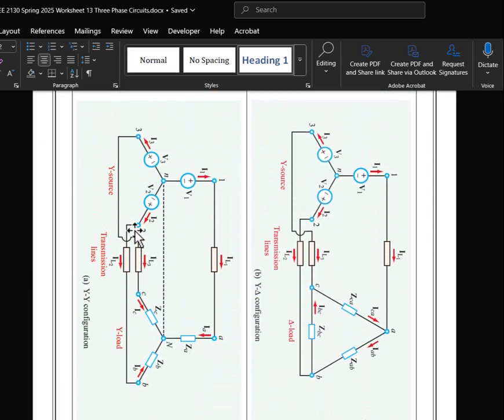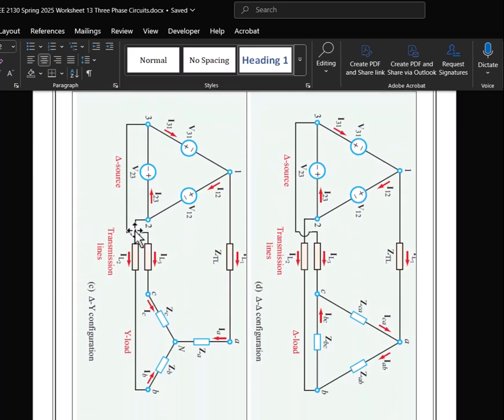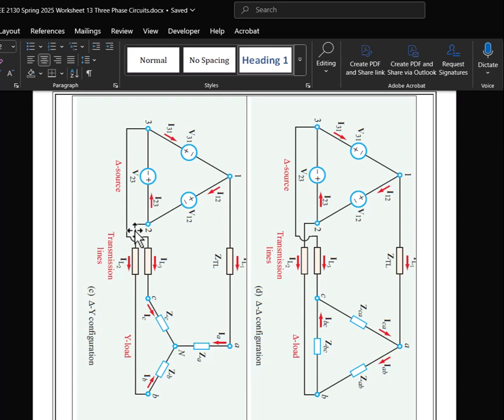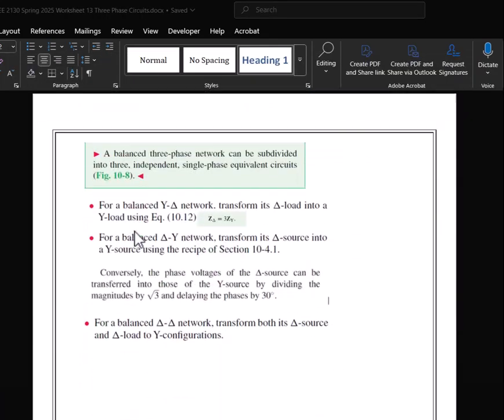When we look at y, our line currents are the same as our phase currents, and we're measuring the voltage relative to neutral. When we're looking at delta, our line currents are not the same as the phase currents. So let's take a look at ours and see what configuration it has.